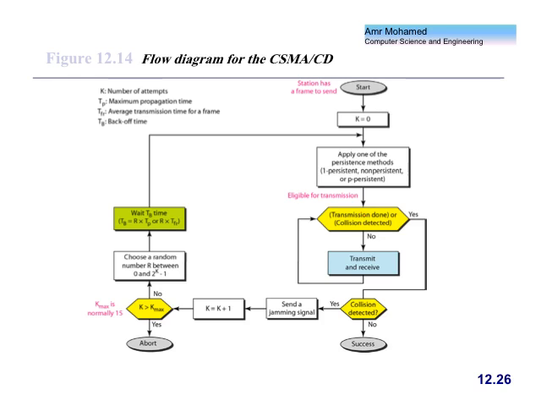So the collision detection is done in the sense that while you are sending the frame, you have to keep listening to yourself in addition to listening to all other signals from all other nodes in the network. So that's what we mean by a collision detection.